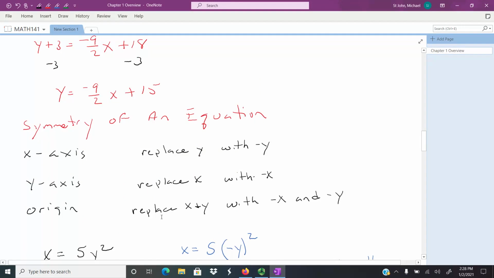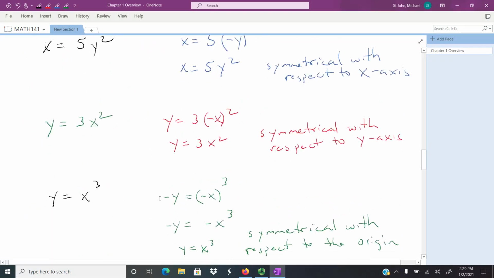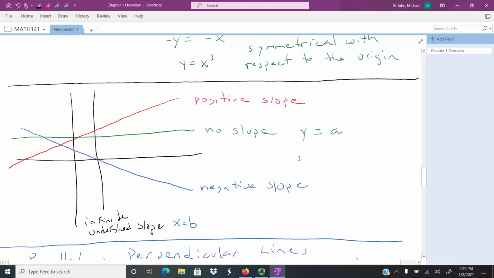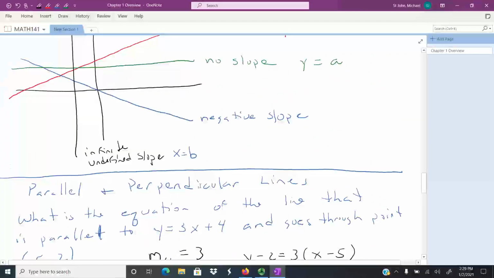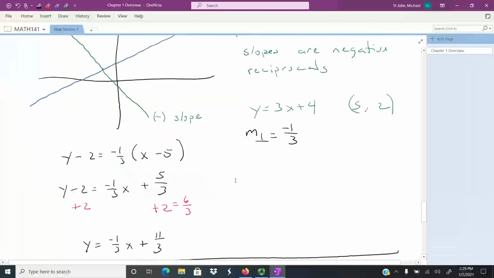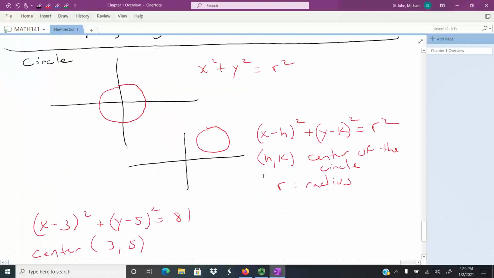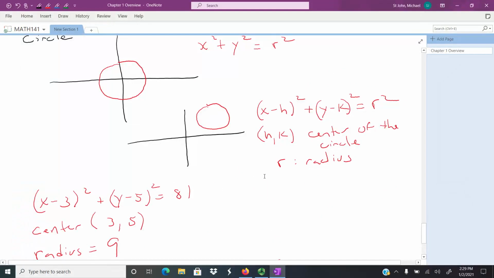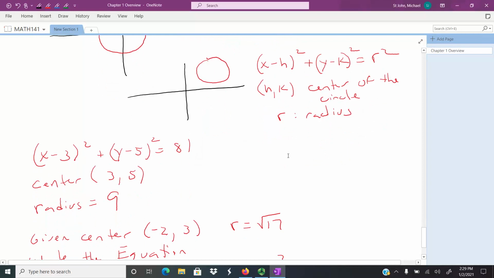Symmetry of an equation: x, y, and origin. Types of slopes, parallel and perpendicular lines, and what makes those true. And then we finished off with equations of a circle centered at the origin and centered at some other point. And that will conclude this overview video.